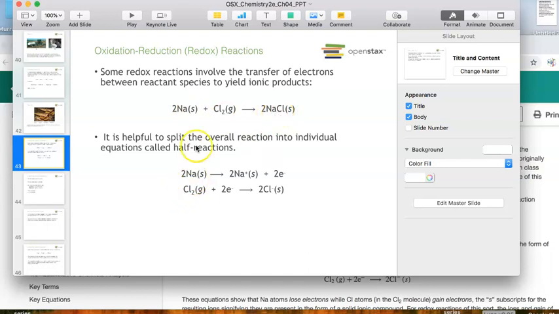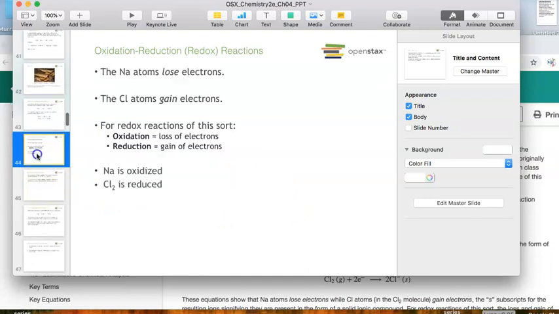Here we can see sodium solid is going to break apart into sodium plus, and then chlorine gas is going to form chloride ions. When we're talking about sodium chloride solid, it's really an ionic compound, and so you see the ions that can break apart.